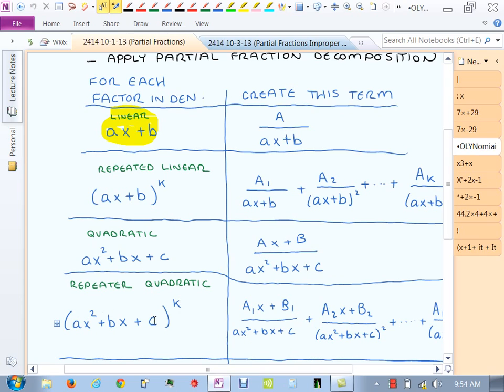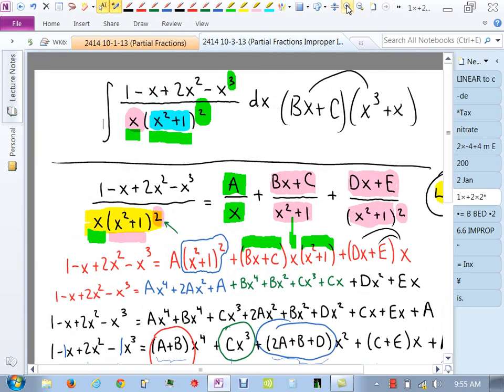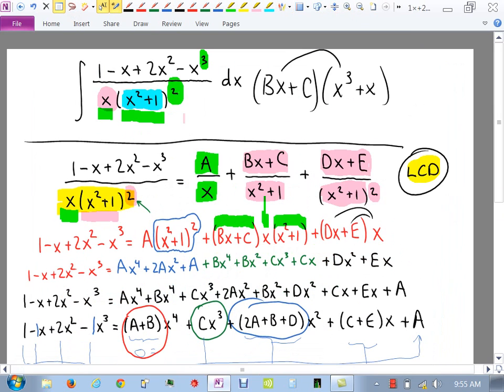If you have a quadratic factor that can't be factored and it's got a power, then you've got to do the quadratic factor with something like this on top, and then you keep doing it and bringing the power up, and you keep doing that until you get to the final power. Now in our problem, we only had a squared here, right? Our power here was squared, so that's why I only needed to do to the first power here and then to the second power. Then I multiply through by the LCD.